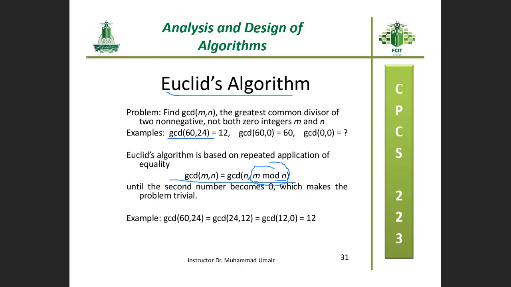Okay, so if you are asked to write an algorithm to calculate the GCD using this formula, can you write it? If this is a problem statement and you have to write a program, and before writing a program you are asked to write an algorithm, can you guys write it?